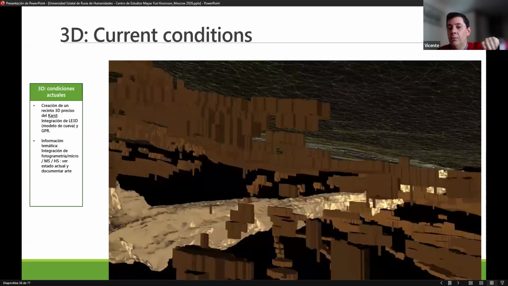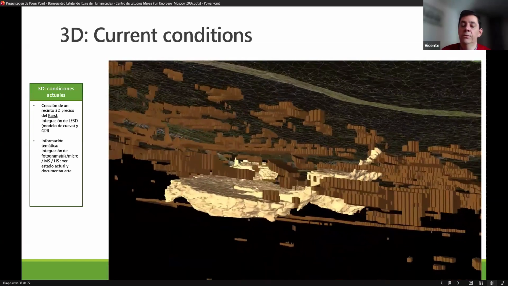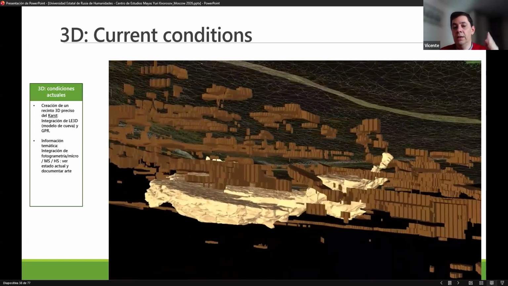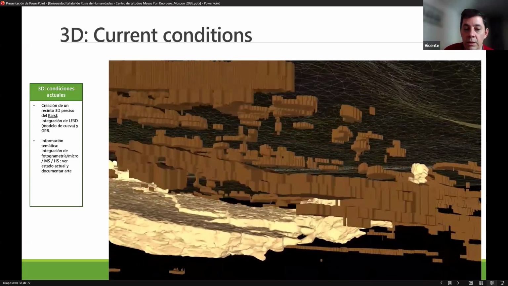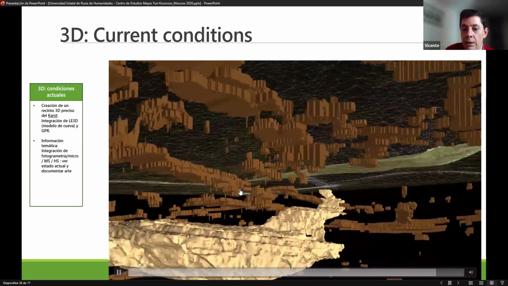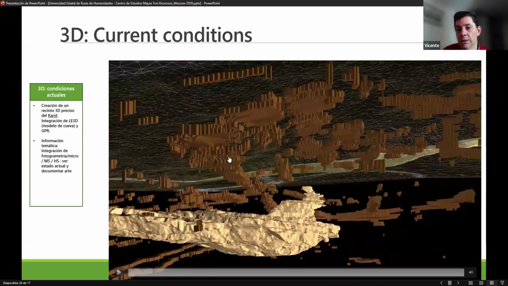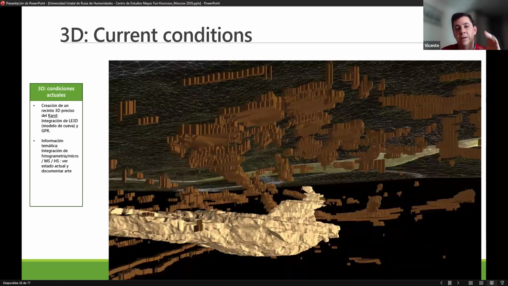And this brown information are the main fractures of the cave, where it is broken. Here in the middle you can see a very long fracture. And this is very important because it tells about the stability of the overlying things, okay?